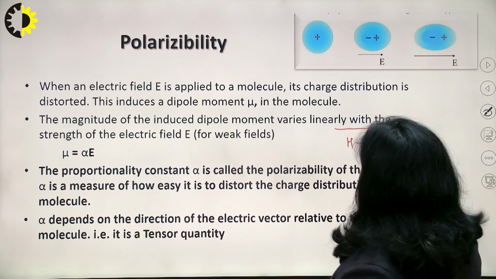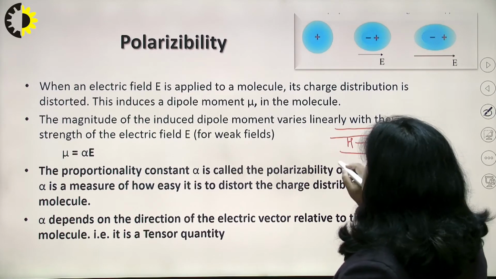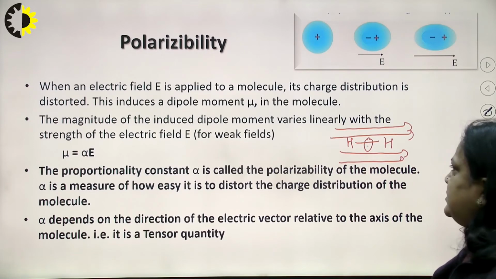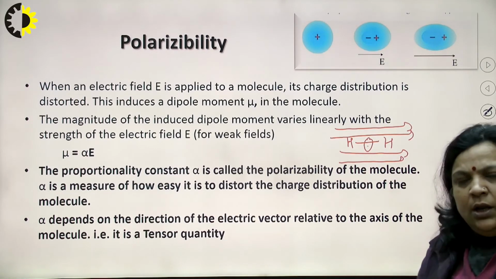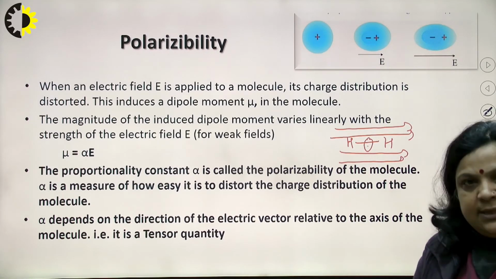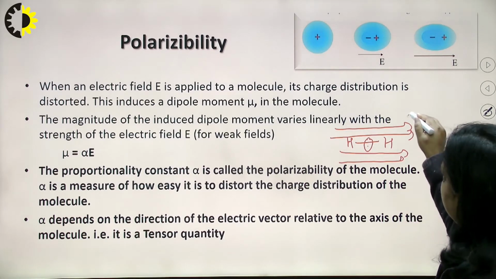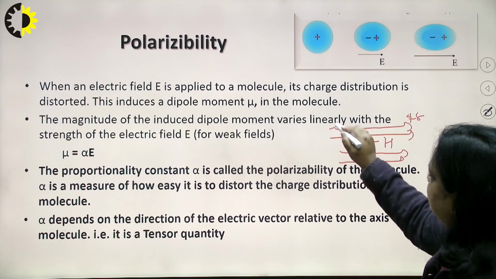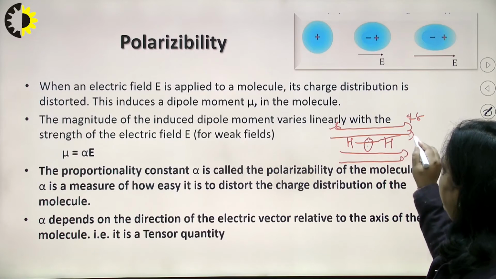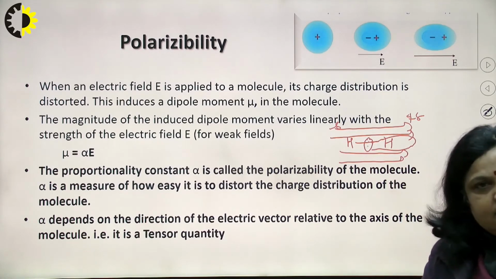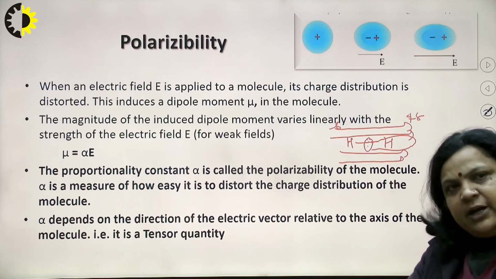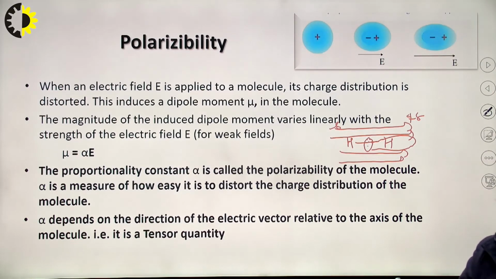But if we apply an electric field, initially a static electric field, this pair of electrons will shift towards the opposite side. Here is a positive charge, and here it is negative. So, the electron pair will shift towards this. The shifting of the electron pair is polarizability.